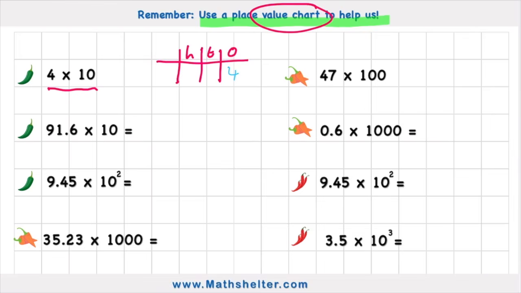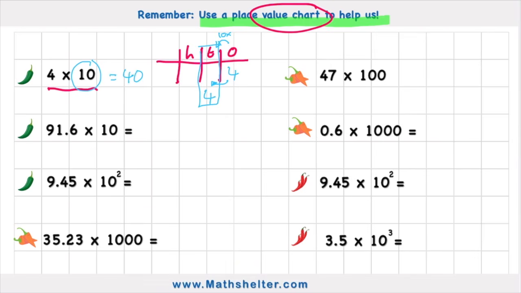Now when I'm multiplying by 10, what I have to know about my place value chart is that each column is 10 times bigger. So therefore, if I'm multiplying by 10, all I'm going to do is shift this 4 along into the next column, and I have my answer. So my answer is 4 tens, and 4 tens can be written as 40.